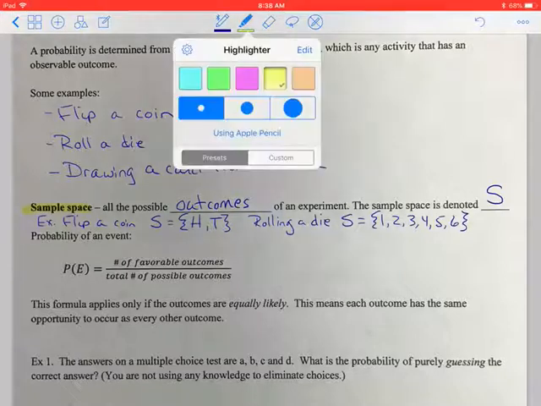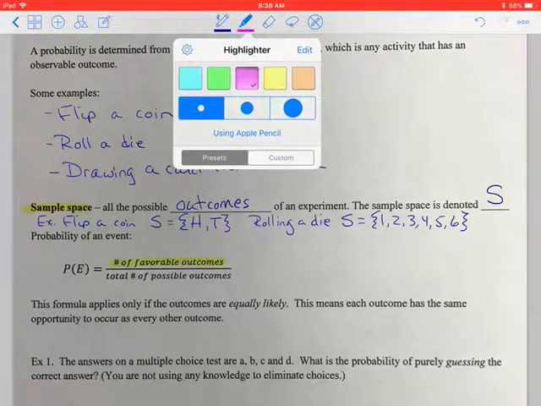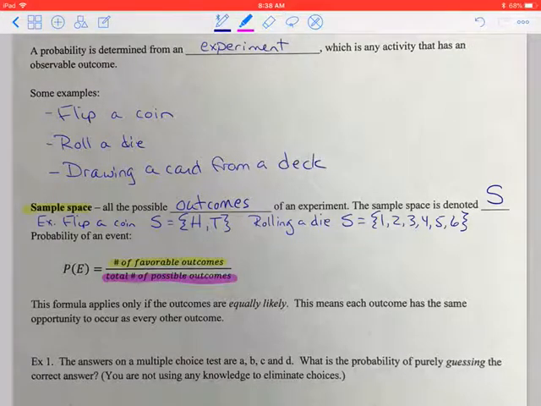To calculate the probability, we're going to look at the number of favorable outcomes to the total number of outcomes. I usually use this notation right here. This is the probability of E occurring. If I'm flipping a coin and I write this, I would read it as the probability of getting heads when I flip the coin.